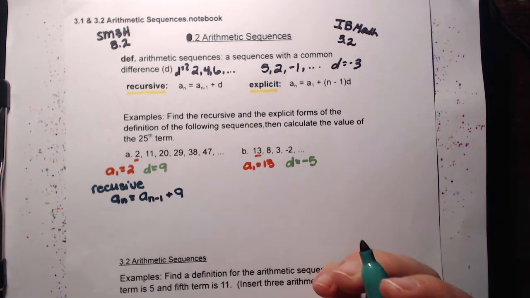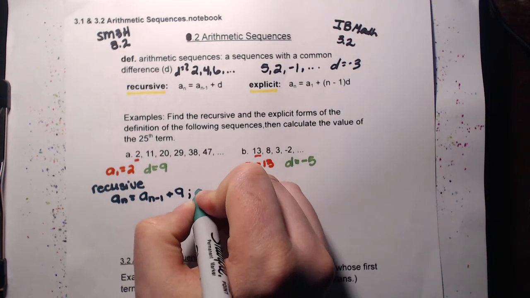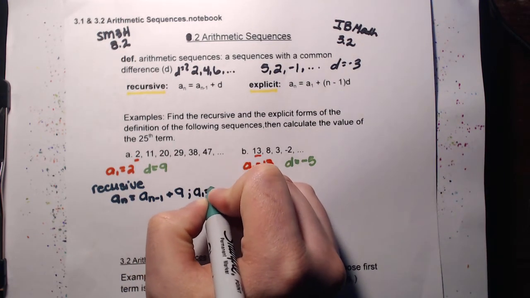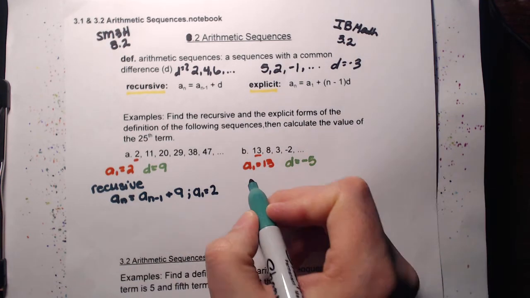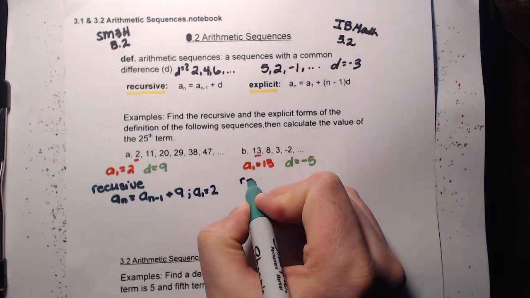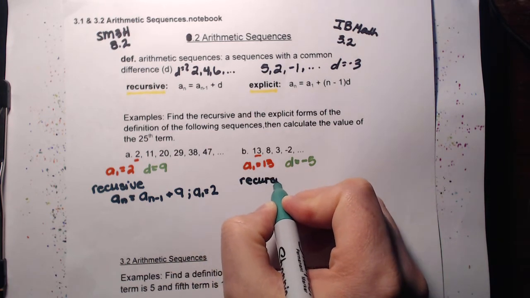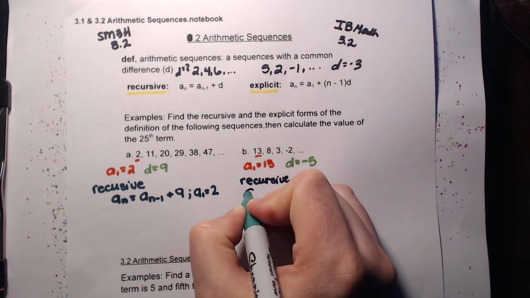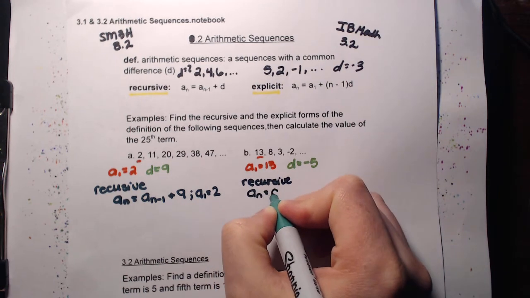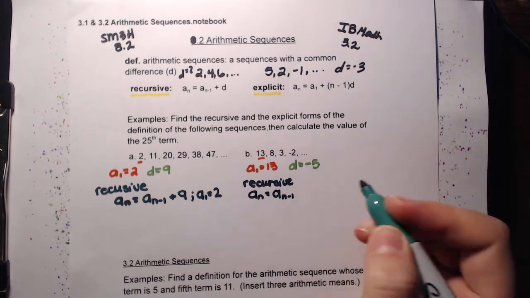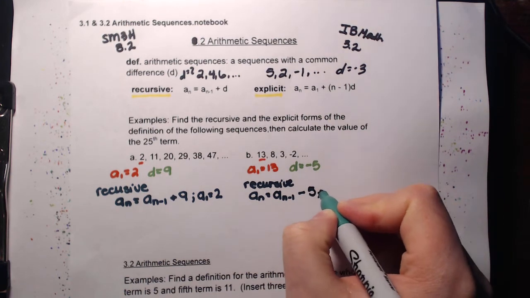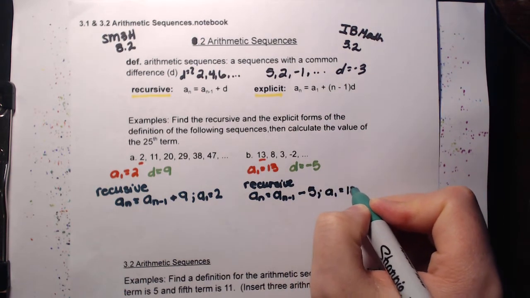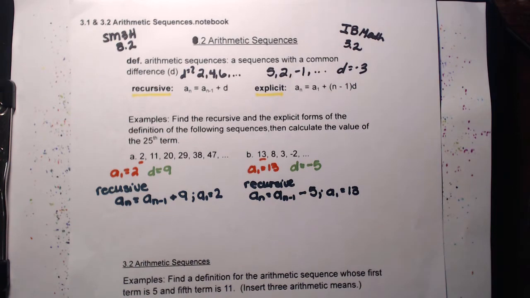And then you also have to include what your first term is. So that's the recursive formula for that one. For this one, take your previous term and add our difference. Since it's a negative, I'm just going to say subtract 5. And also list your first term. So that's just the recursive for those.